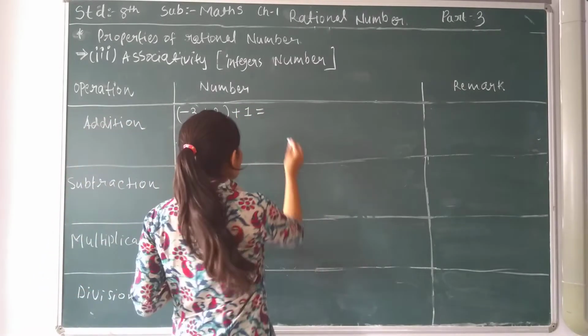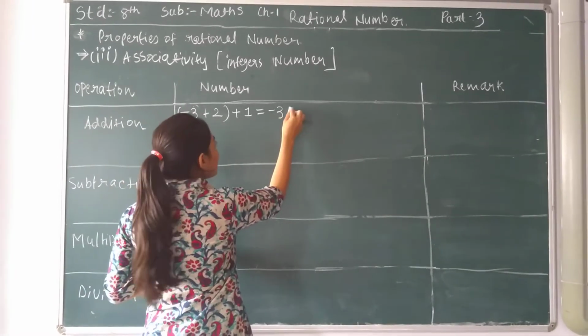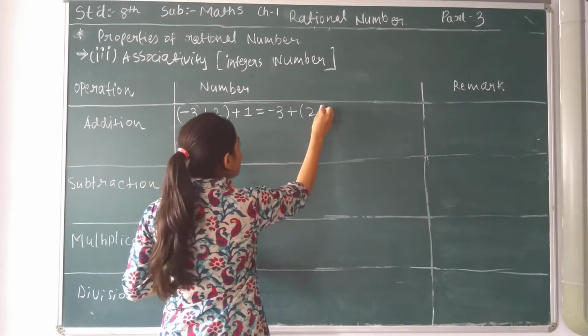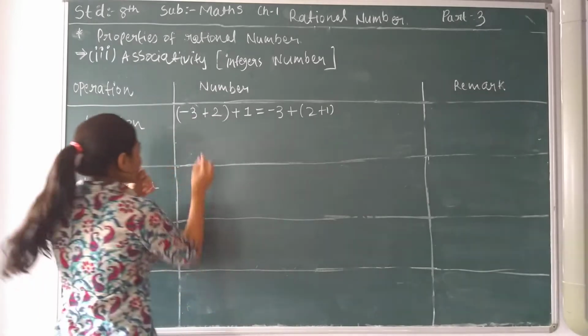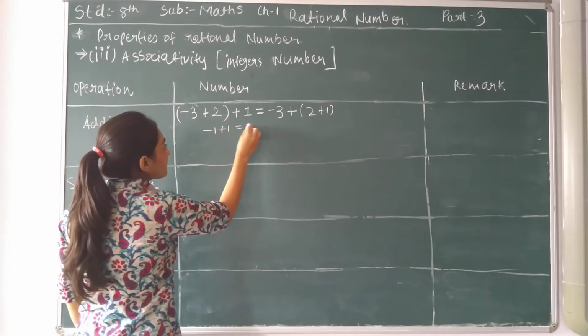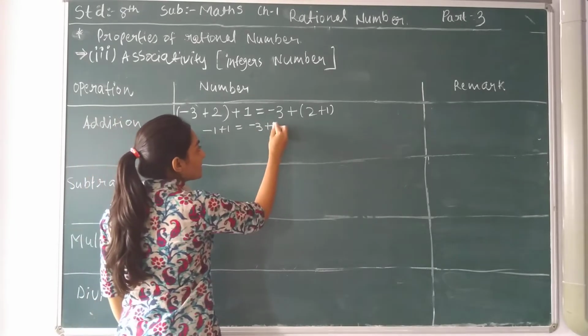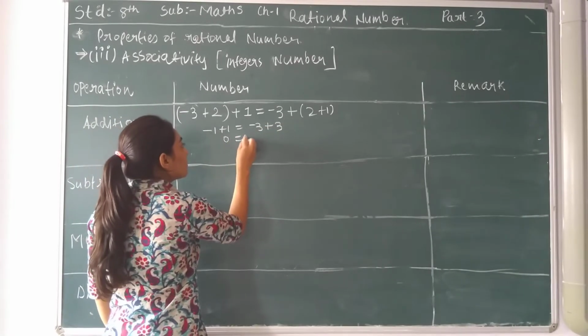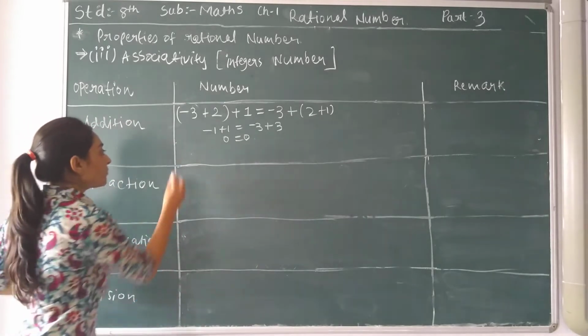Then interchange the bracket, minus 3 plus (2 plus 1). The answer over here is minus 1 plus 1, and minus 3 plus 3. The answer is 0.